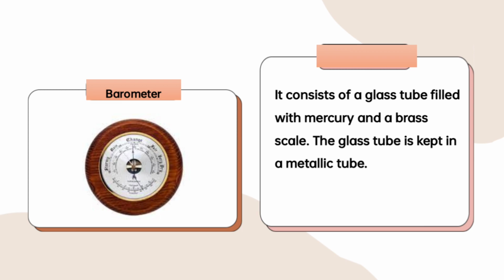The barometer consists of a glass tube filled with mercury and a brass scale. The glass tube is kept in a metallic tube. The barometer is a measure of atmospheric air pressure, also called barometric pressure.